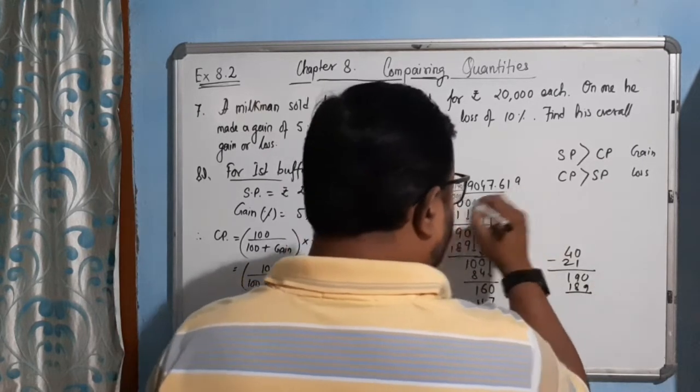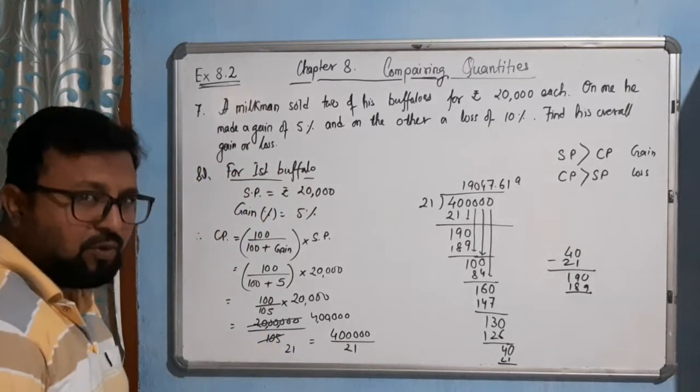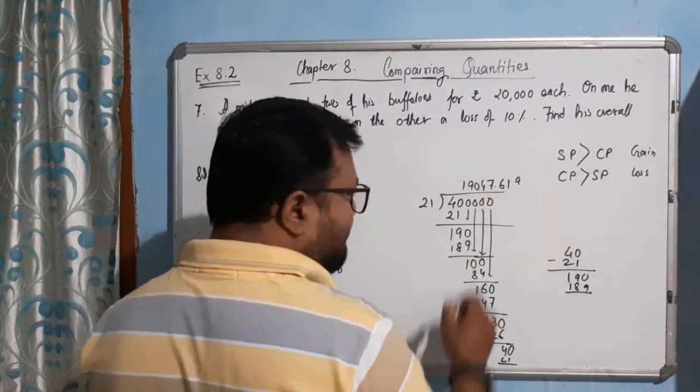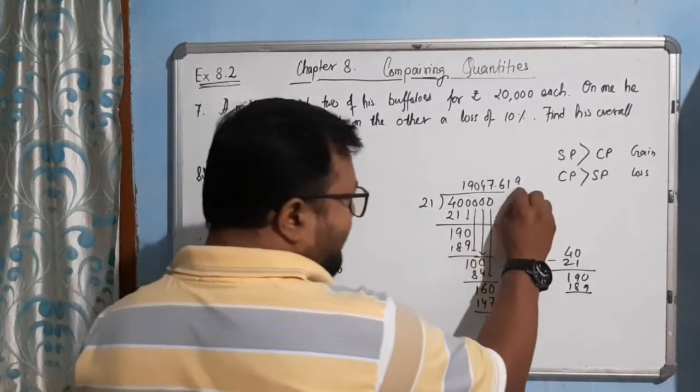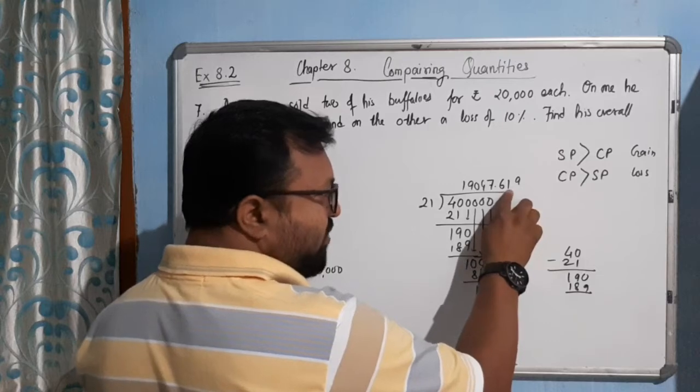So we will take two decimal places right now, because we are dealing with currency rupees, so after decimal we will take two digits. Here the next digit is 9, which is greater than 5, so we will increase this value to 2.